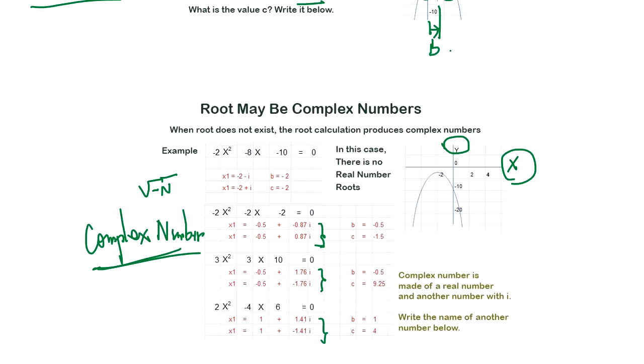How do you relate this kind of case to this? You cannot relate it because this graph is meant to be the relationship between the real numbers x, y and the equation.